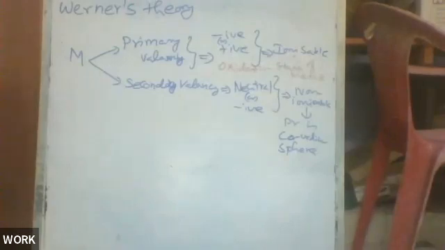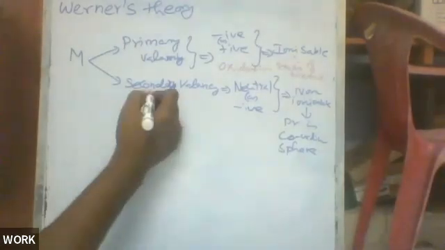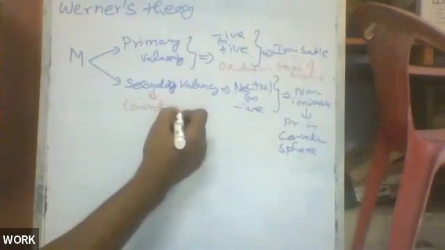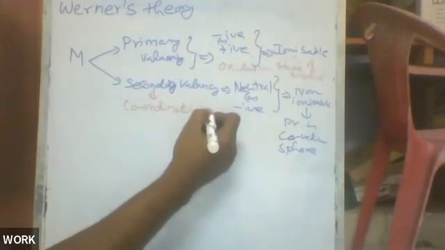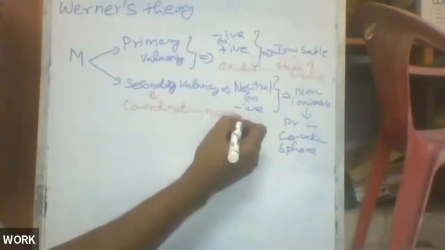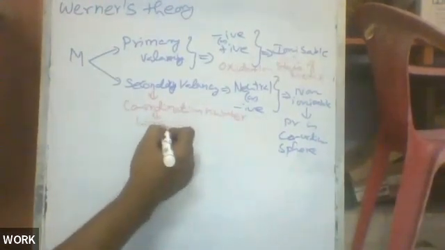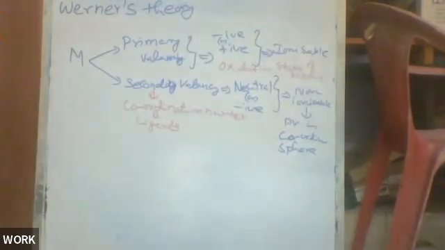Ultimately, it will give the oxidation number of your metal. Whereas the secondary valency refers to what? Coordination number. Coordination number, which indicates what? The number of ligands. That's all about the valency.